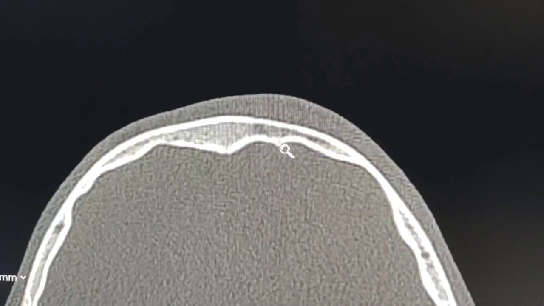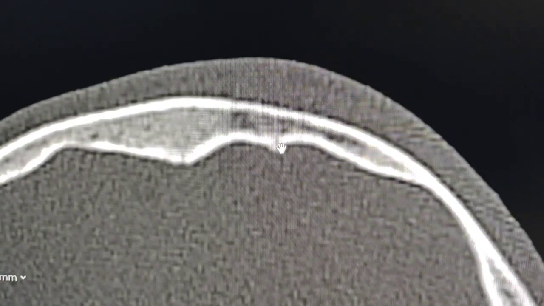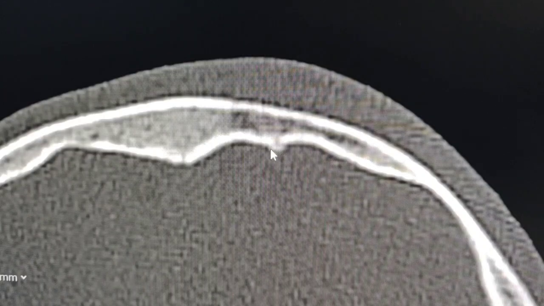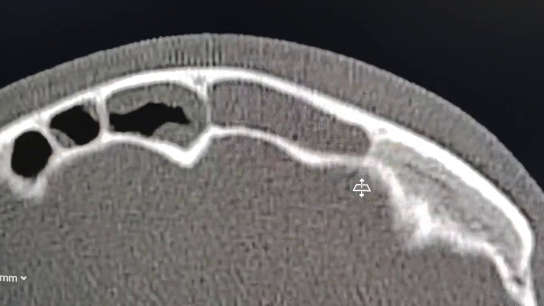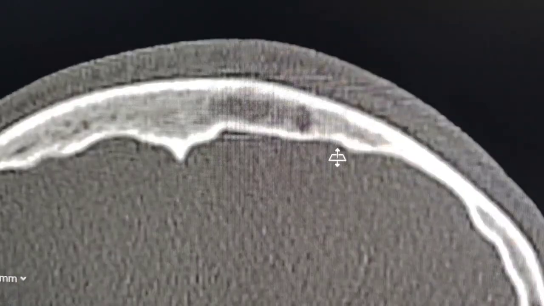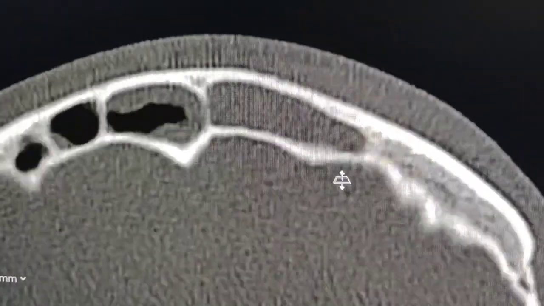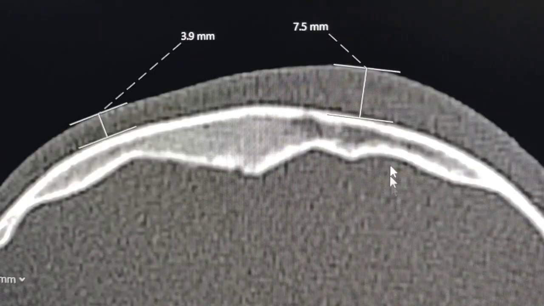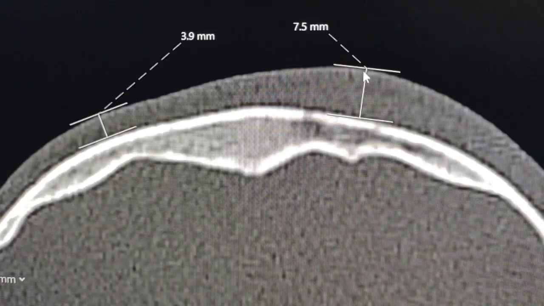There is also a very small cortical disruption in the inner table here, and here we can see the left frontal sinus totally opacified. There is also thickening of the soft tissues in the frontal region, as you can see, asymmetrical thickening.